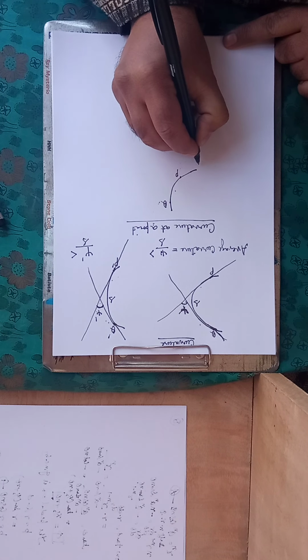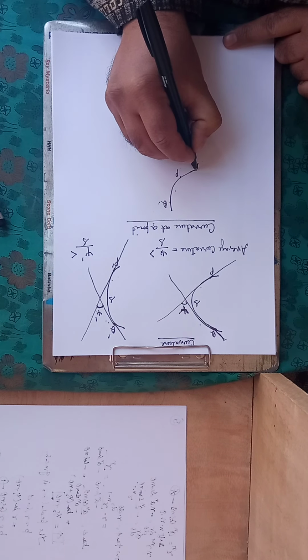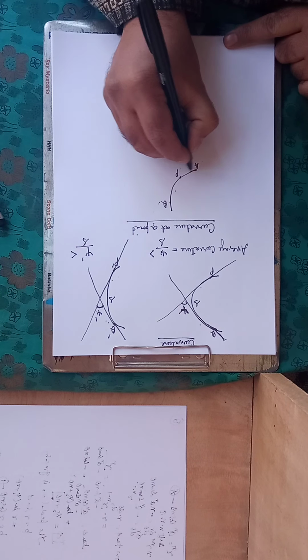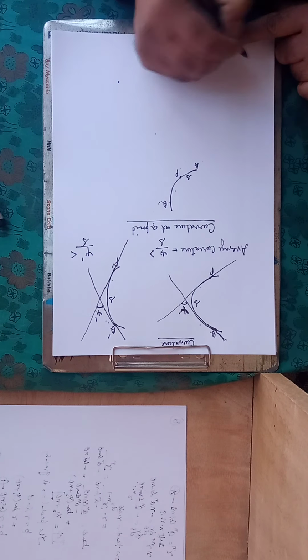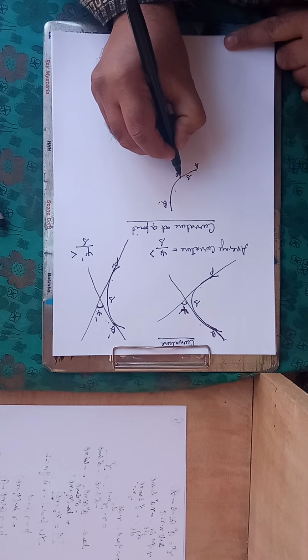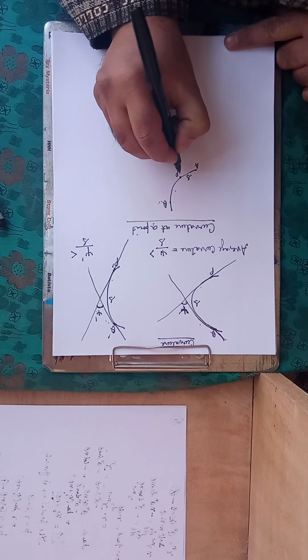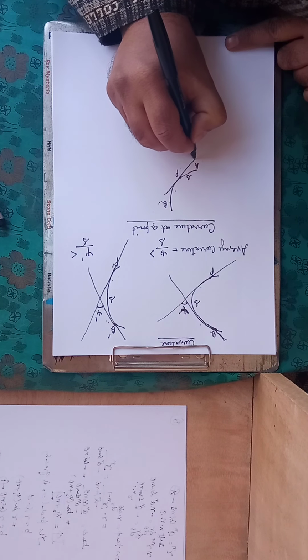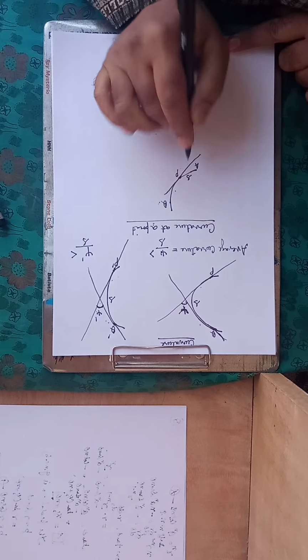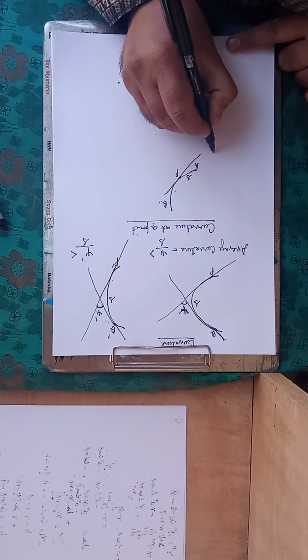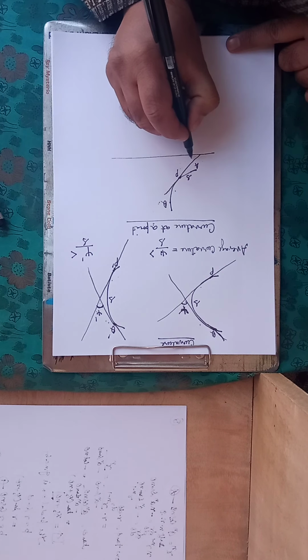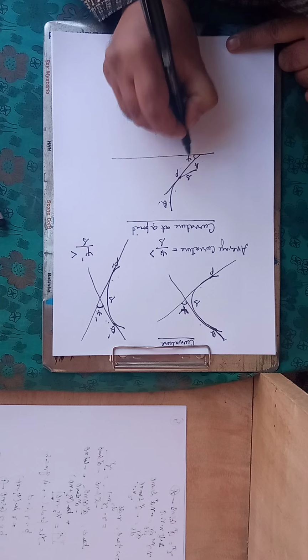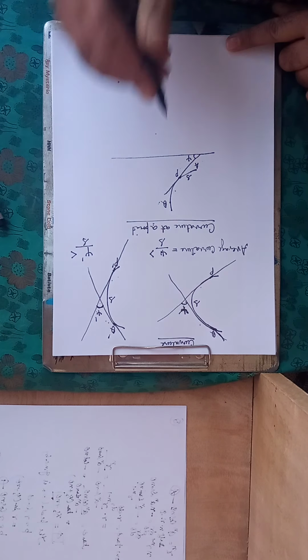Let A be a fixed point, and let me suppose that the distance from A to P is S. Okay, I have to define what is curvature at point P. Let this be the tangent to this curve at P, making an angle psi with the initial axis. Okay, fine.